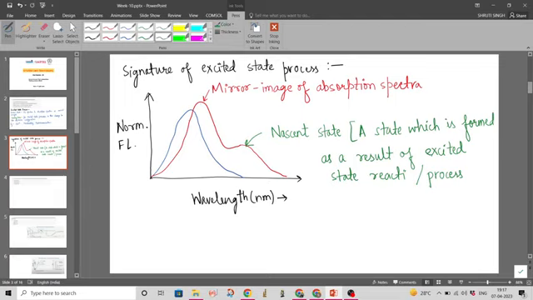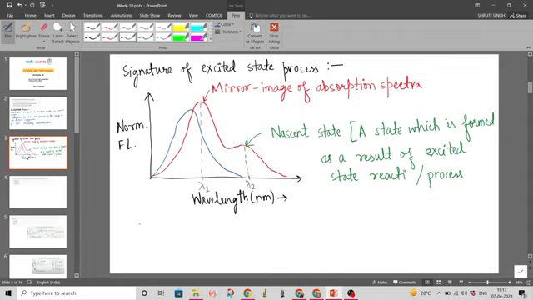This one is lambda 1, this one is lambda 2.